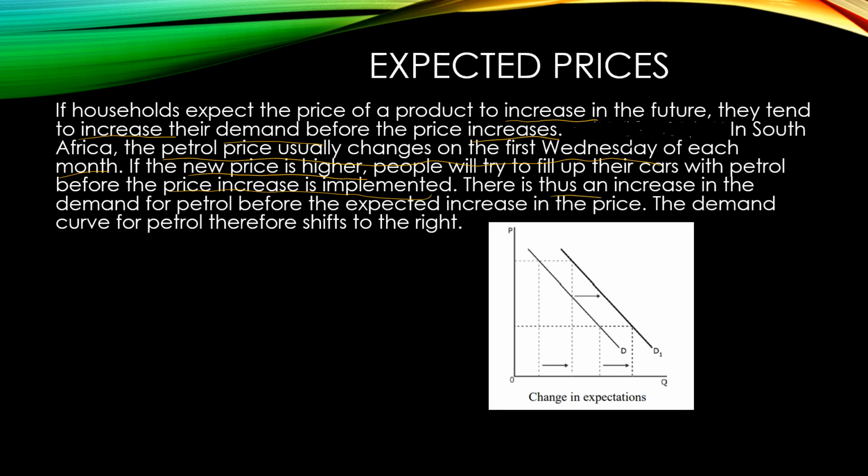This is thus an increase in the demand for petrol before the expected increase in price. The demand curve for petrol therefore shifts to the right. So a change in expectations will cause the graph to shift to the right because people will want to buy more of the product before the prices increase.